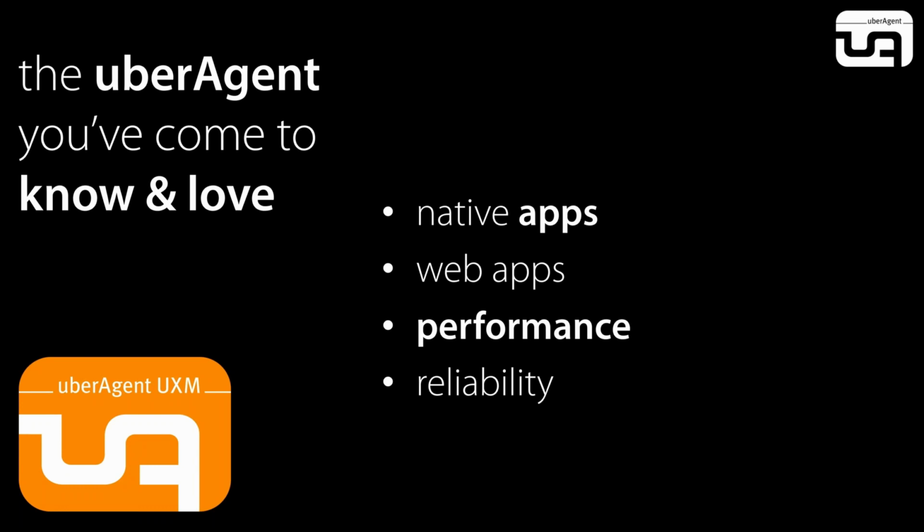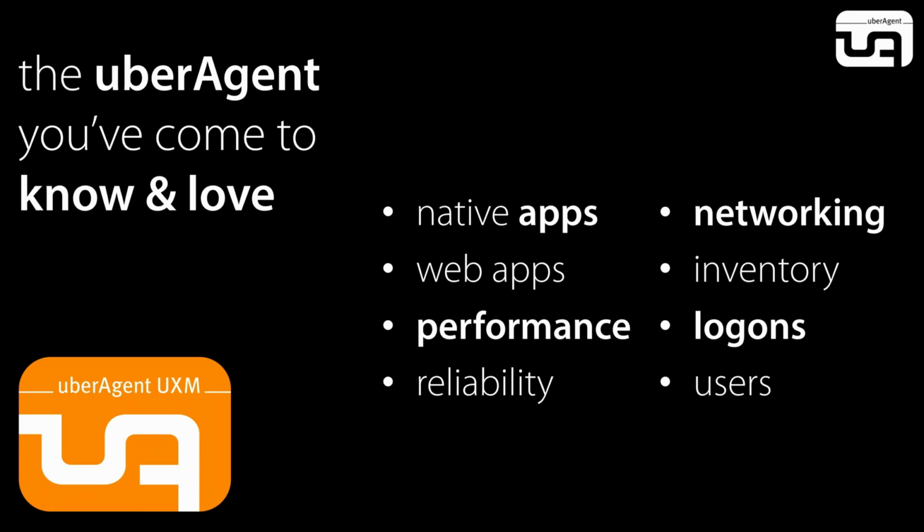It gives you a lot of detail on web apps, everything that's running in your browser. It gives you performance information, it helps you with sizing and so on. It helps with reliability issues, detects crashes, blue screens, application delays, a lot of different things.